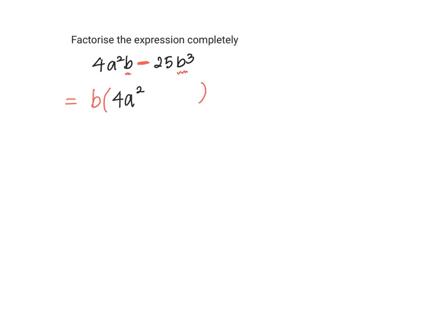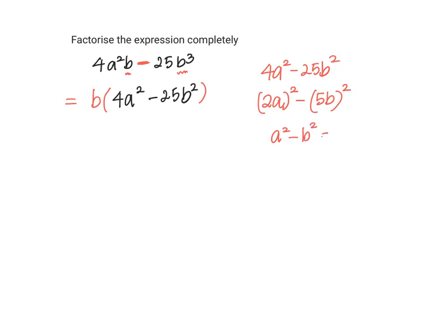4a squared minus 25b squared. Then for this one, 4a squared minus 25b squared, 4 is actually 2 squared, so (2a) whole thing squared. 25 is actually 5 squared, so (5b) whole thing squared. Then I can think of a squared minus b squared, and I will have how many factors? 2 factors.